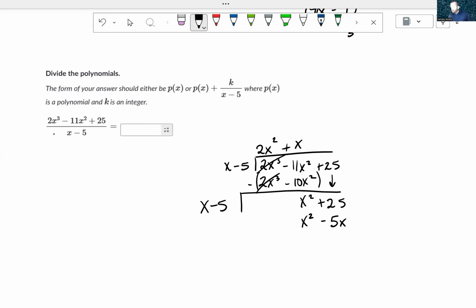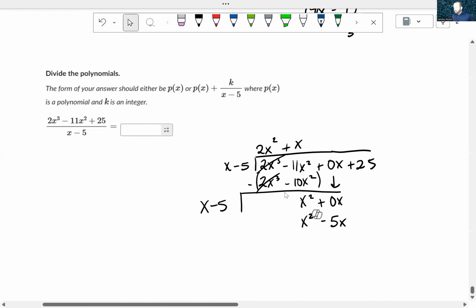Except look what happened here. Now we have a 25 minus 5x. That's not correct. So what happened is I didn't put the placeholder 0x in place before I put the 25. So really we should have brought down a 0x.